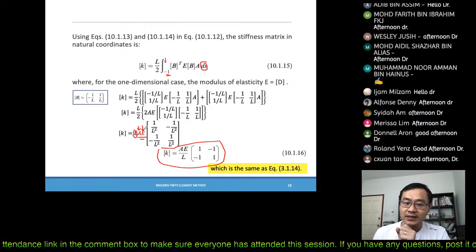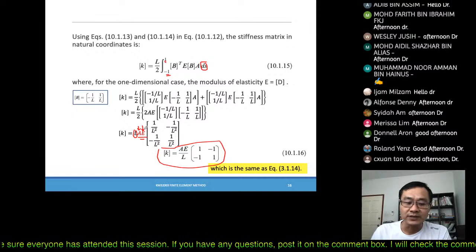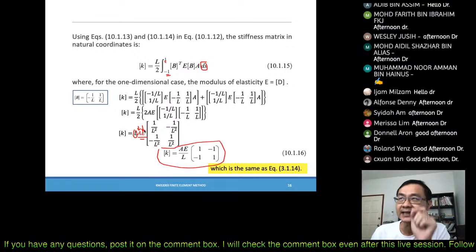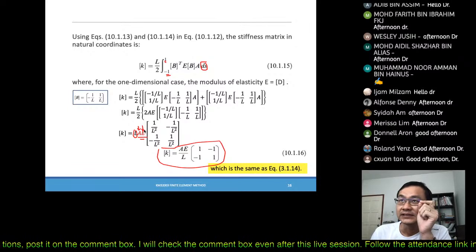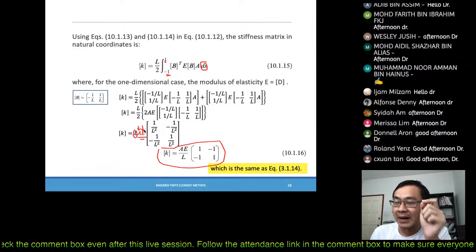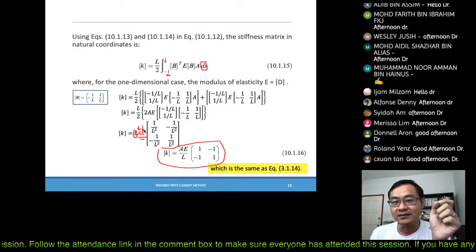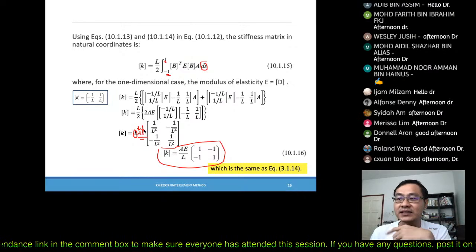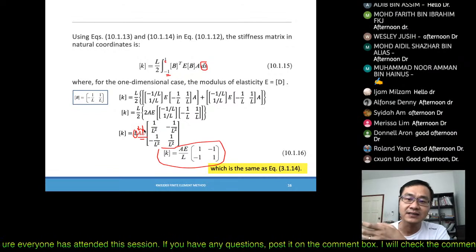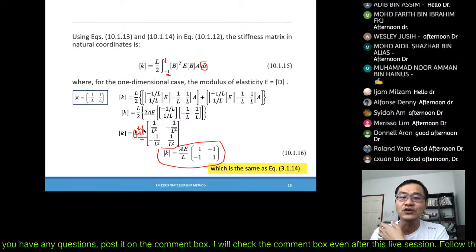Because in the software, when we select a bar element, we can run without defining the area and E, because by default, without defining, the software may put 1 or 0, and they will still give you a result.